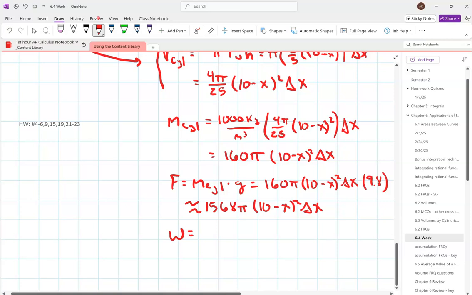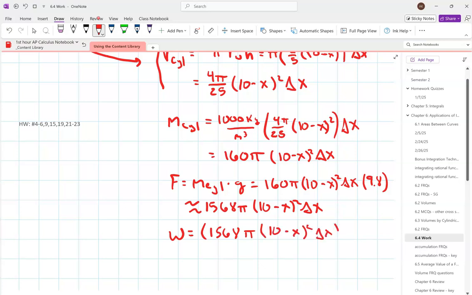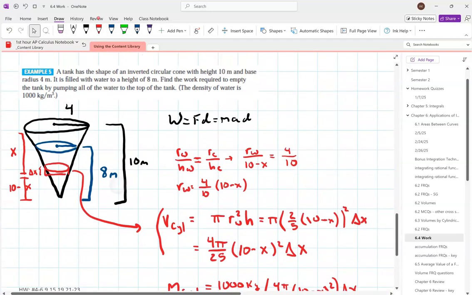So my work then is going to just be that force times the distance, right, that we're moving. Okay, and we're moving this water from 2 meters initially to 10 meters at the very, very end.